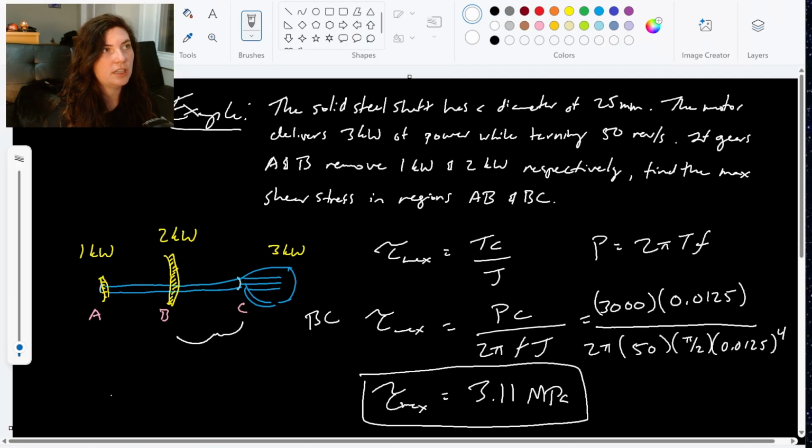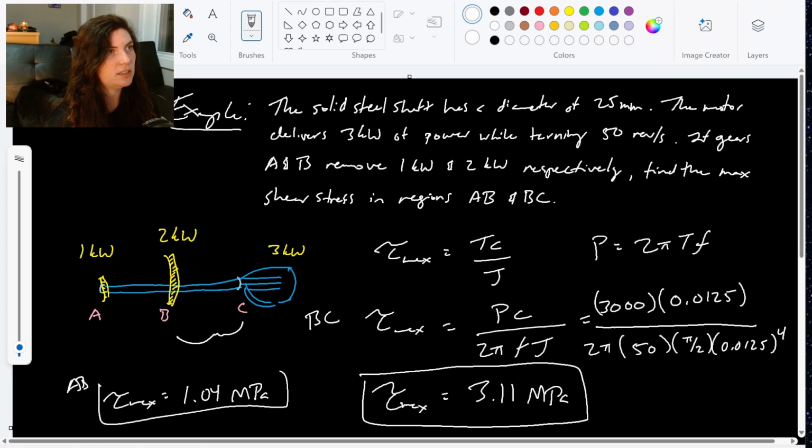And then the answer for the AB section, I won't work out here. But it is 1.04 megapascals, right? And the key difference here is just noting that you've lost this 2 kilowatts of power. So instead of using the 3,000, you use 1,000 watts in this calculation.